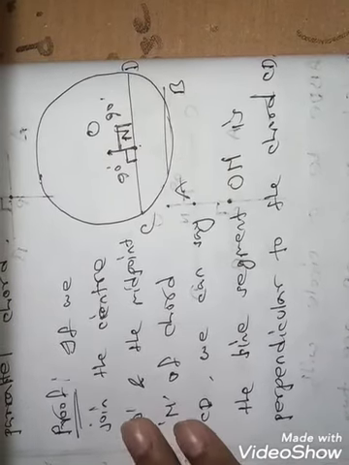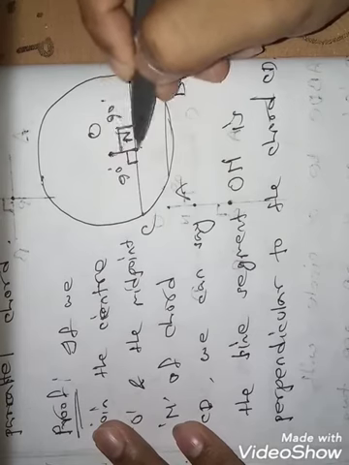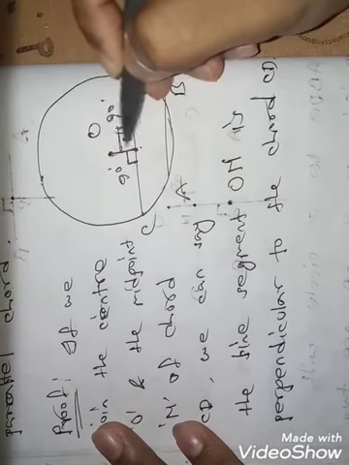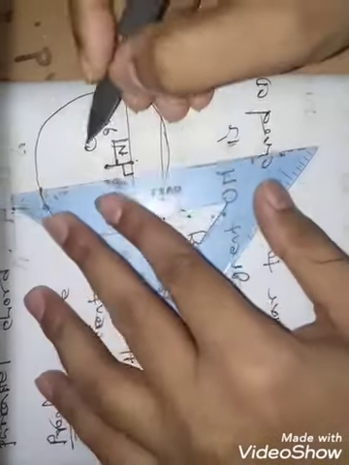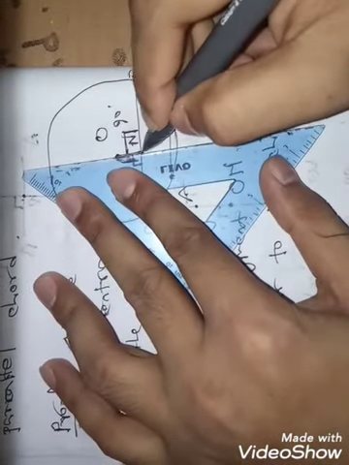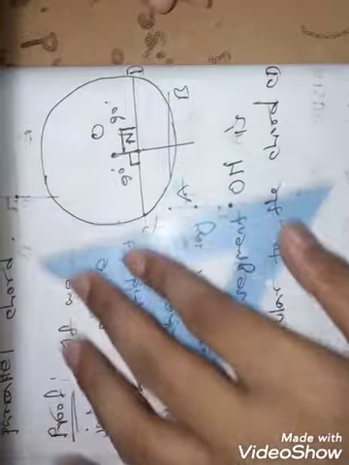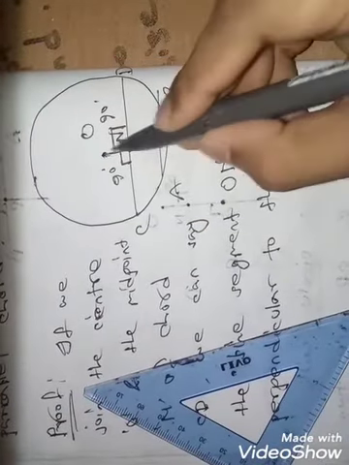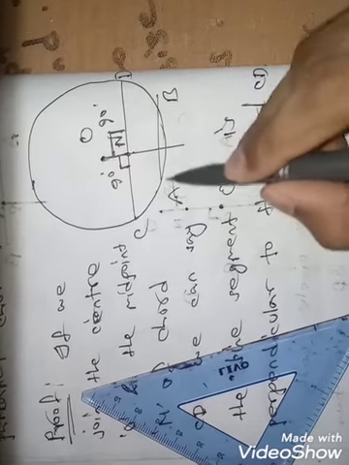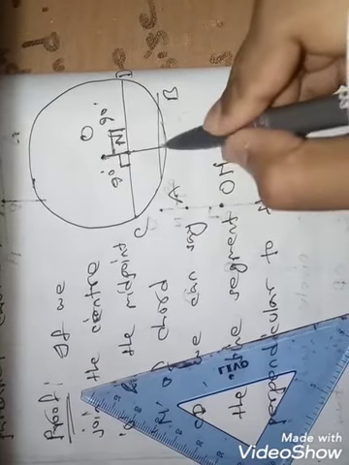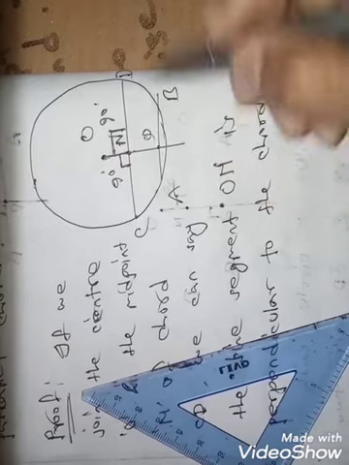Now I'm going to raise this line segment ON downwards. This line segment hits the chord AB at a point.